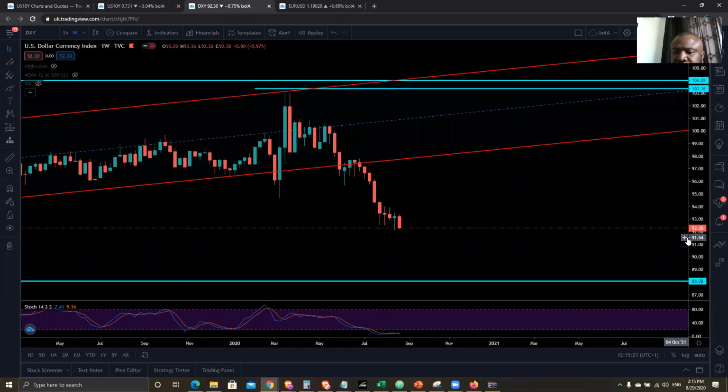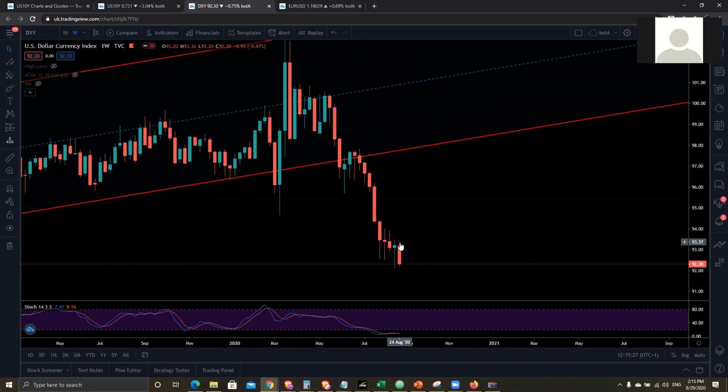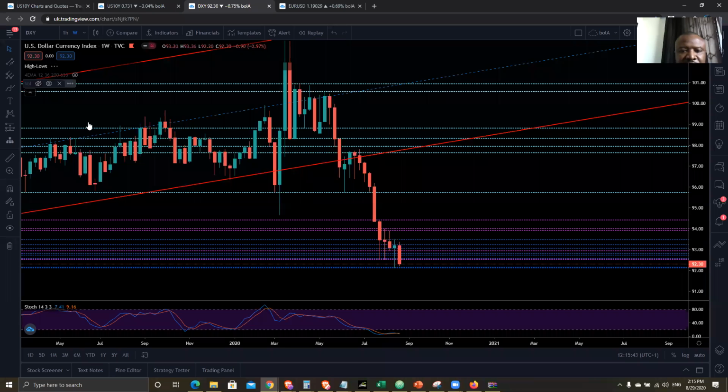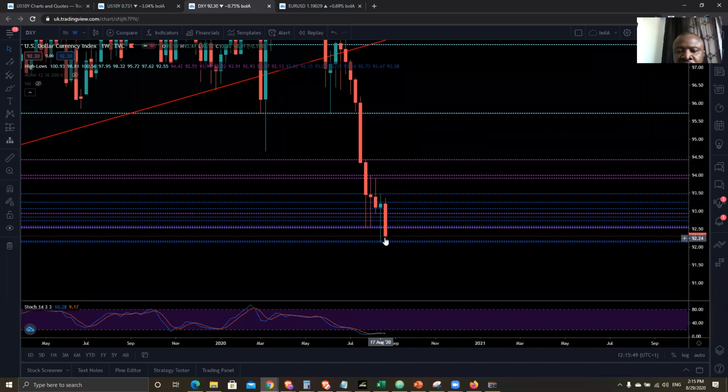We've had a doji week previously, right? And the whole of the week, we couldn't take out the low of the DXY. That will be signaling a very important message going into next week, because we couldn't take out the low of this particular month.